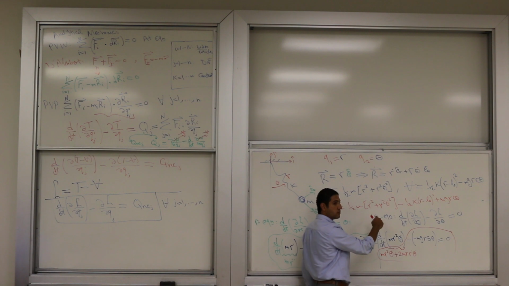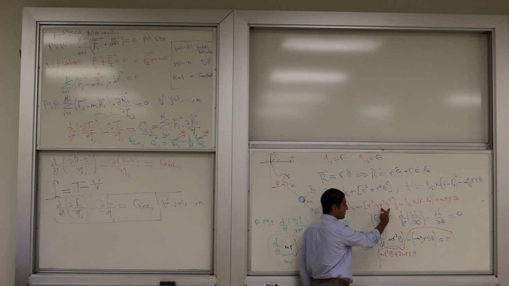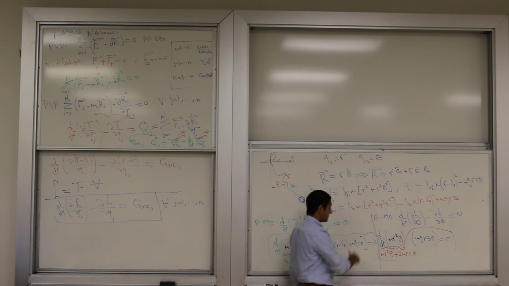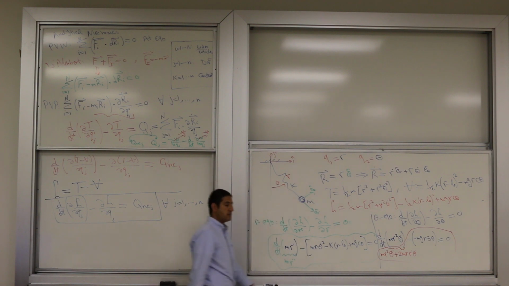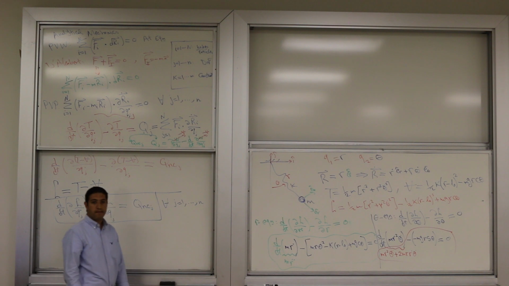So r dot has nothing to do with r, so I don't care about this term. Now I'm differentiating this term with respect to r, so this is 2 r theta dot squared, multiplying by 1 and having m outside. And then the equation down there, there's no theta, the m r theta dot squared. Oh, okay, sorry. Okay, yeah, thanks. Any question, guys?